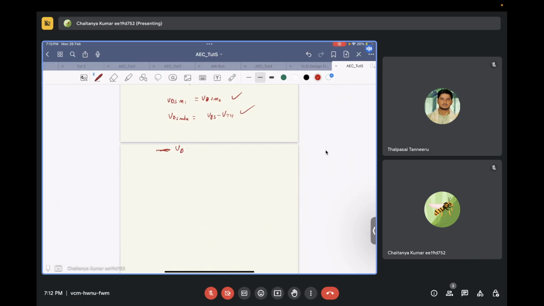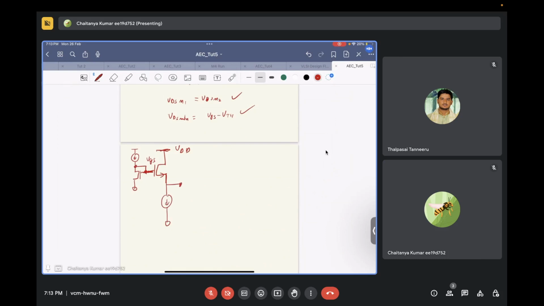Let's say this is connected to VDD. You have some value of VGS over here.